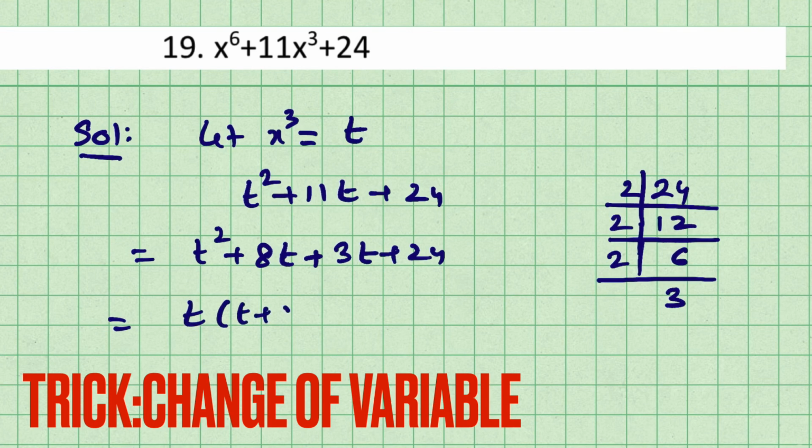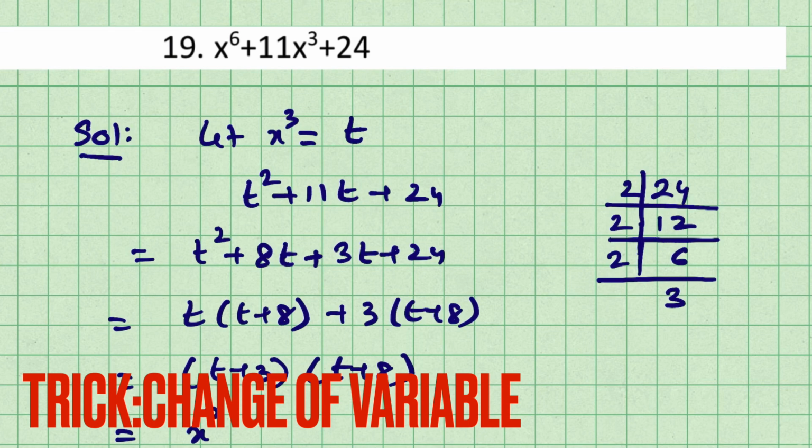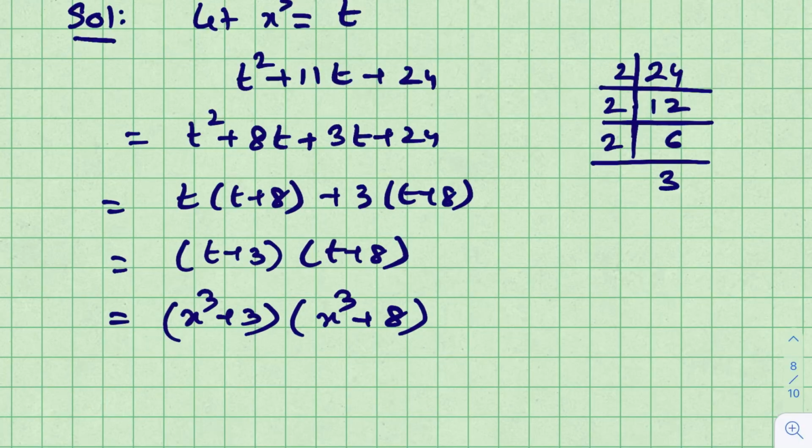t common, t plus 8; 3 common, t plus 8. We will get t plus 3 into t plus 8, where t is x cube, so x cube plus 3 and this is x cube plus 8. We can leave the answer here itself, or we can further factorize it using a cube plus b cube.